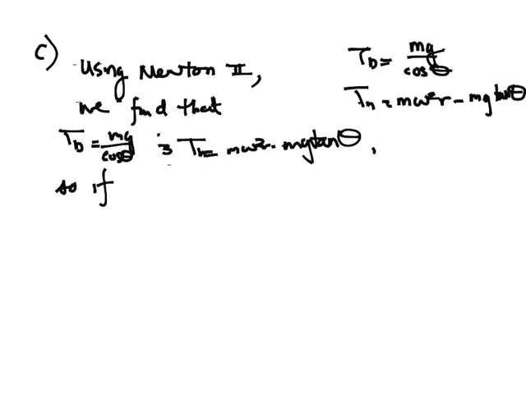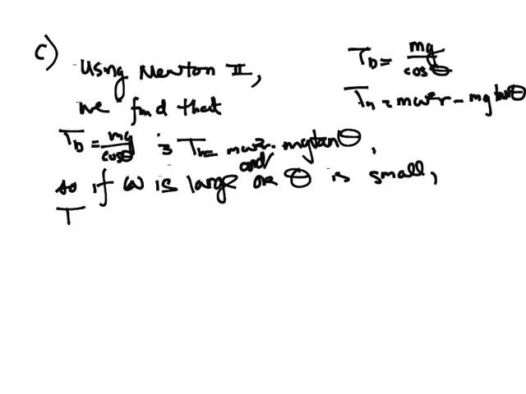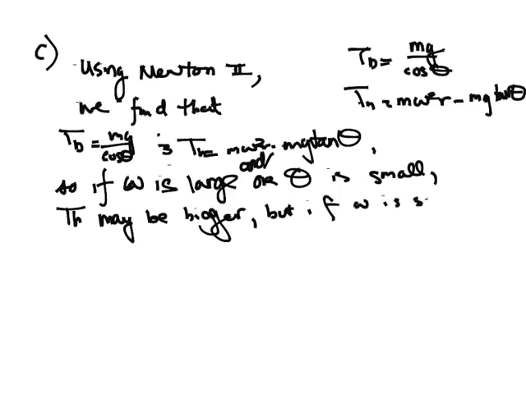So if omega is large, and theta is small, TH may be bigger, but if omega is small, TD may be bigger.